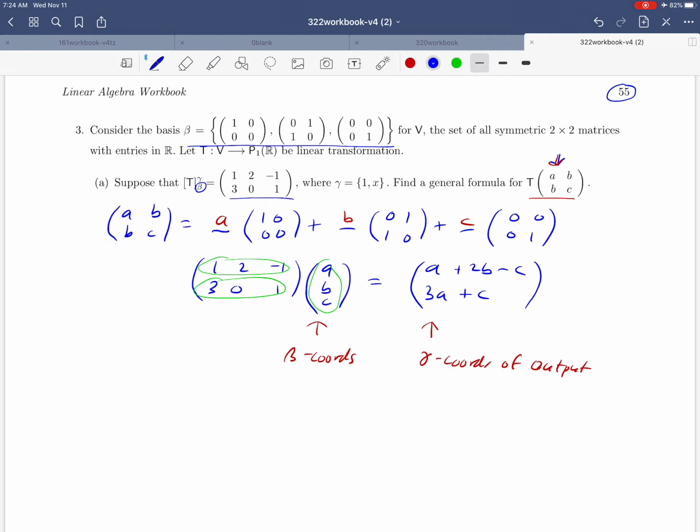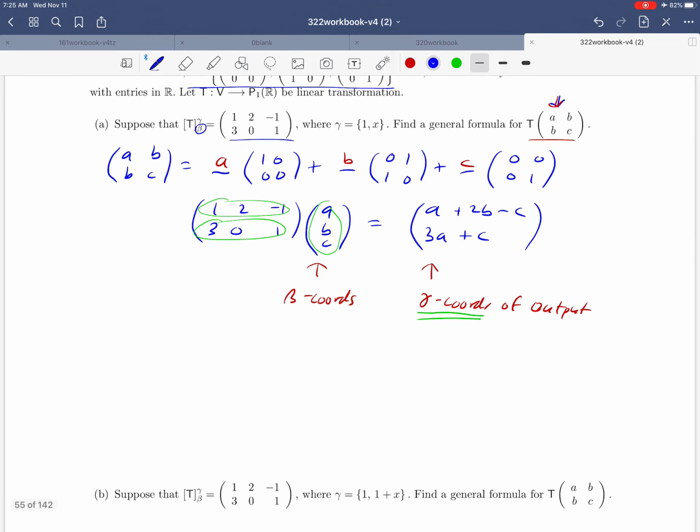The key here, again, is the meaning of that output. These are the gamma coordinates of our output. So here's what we can say, putting it all together. T of our input, [a b; b c], can be built by using these two coordinates. This times the first vector in gamma plus this times the second vector in gamma. So we're going to take a plus 2b minus c, and that's going to get multiplied by our first vector in gamma.